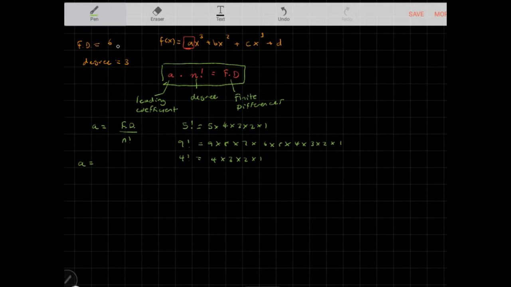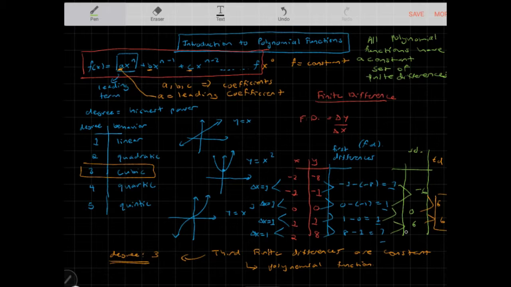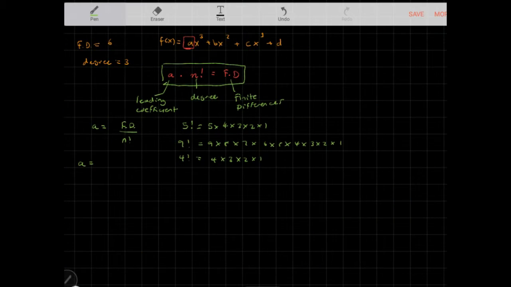So for our leading coefficient here, the finite difference value that was constant is 6. You want to make sure that it's the finite differences that are constant, specifically the value of the finite difference. A here is the finite difference, 6, over n factorial, which is 3 factorial, and 3 factorial is 3 times 2 times 1, which is 6. So 6 over 6, and a is equal to 1.